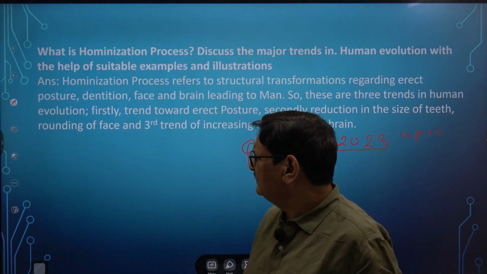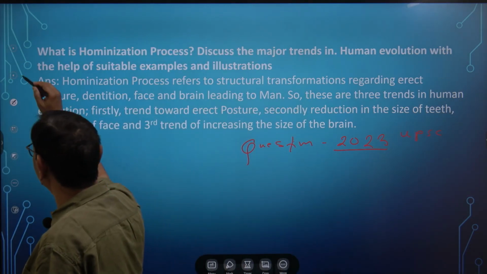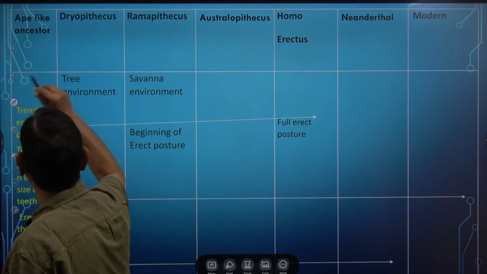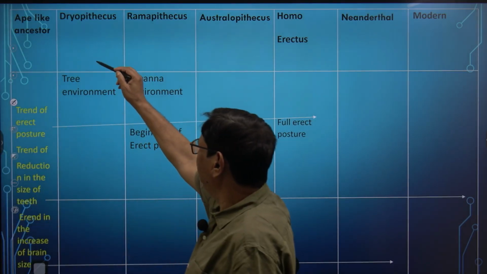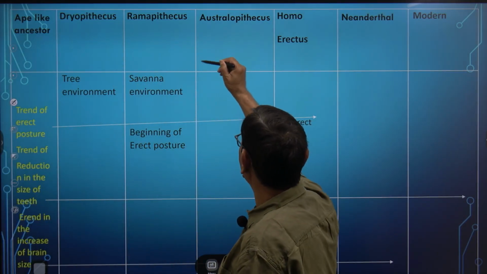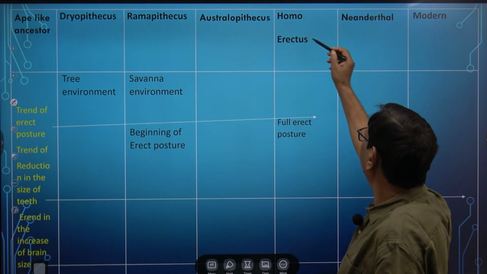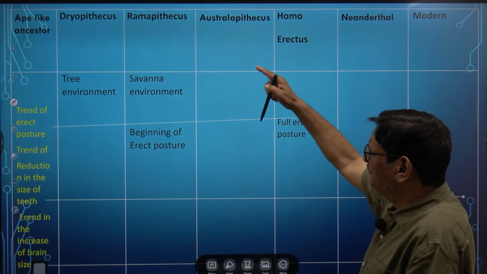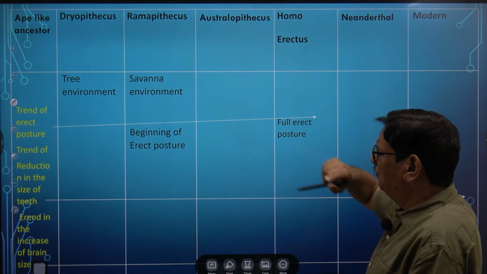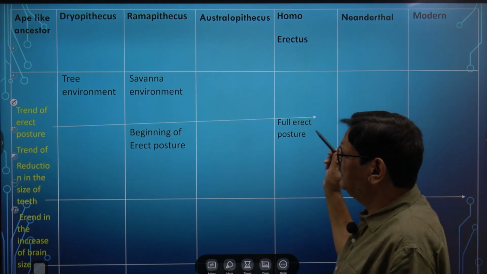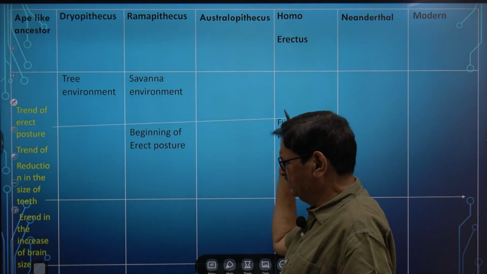We can see the three trends. These are the fossils: Ramapithecus, Australopithecus, Homo erectus, Neanderthal.